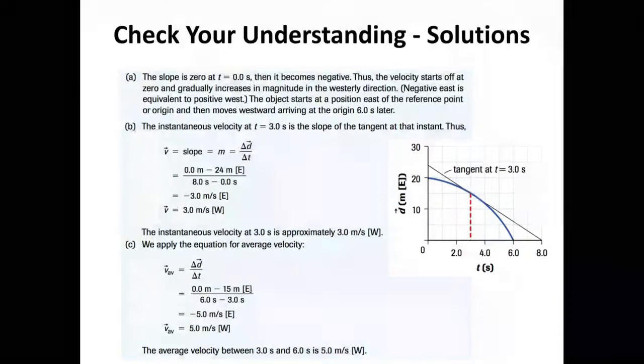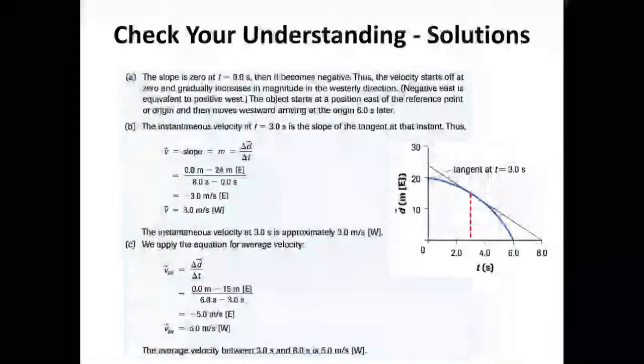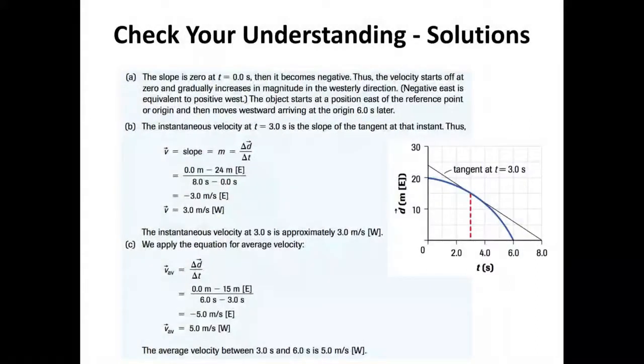So at 6 seconds, we have position 0, and at 3 seconds, the position was 15. When we look at the chart right here, okay, 3 seconds is 15. So 0 minus 15 divided by 6 minus 3 gives us an average velocity of 5 meters per second west.